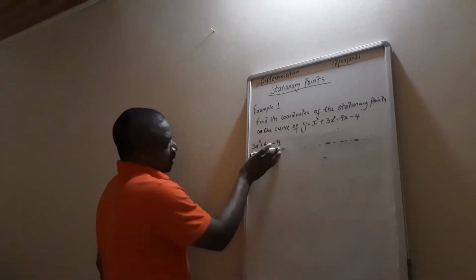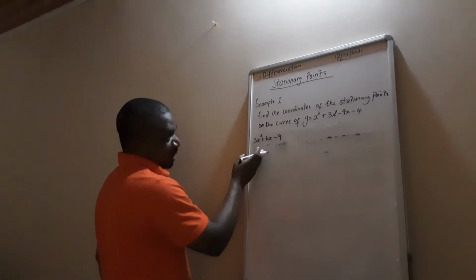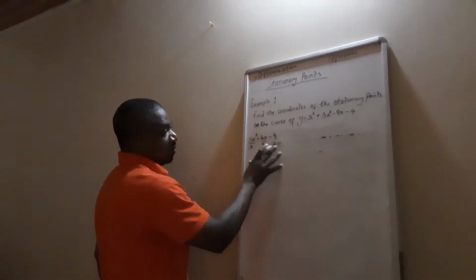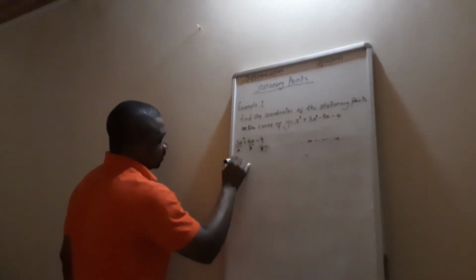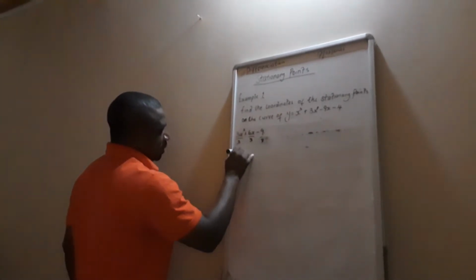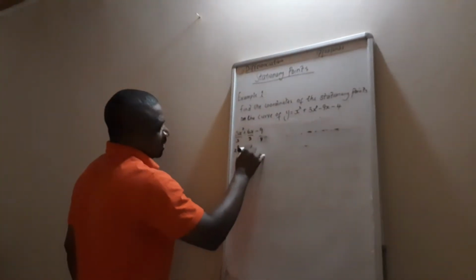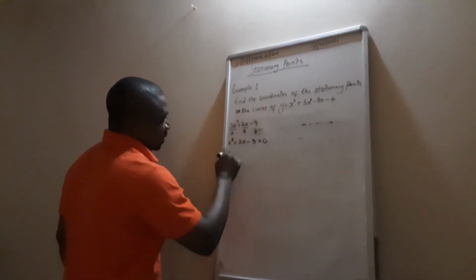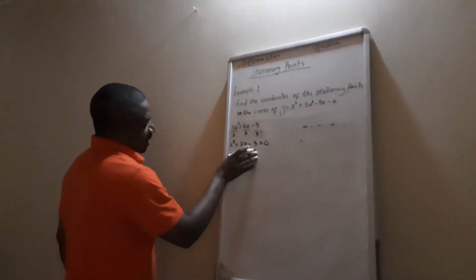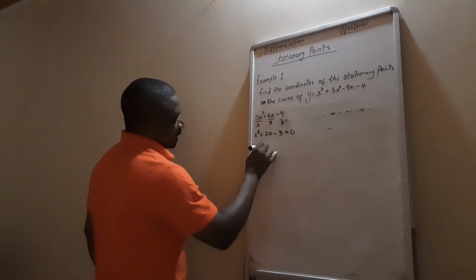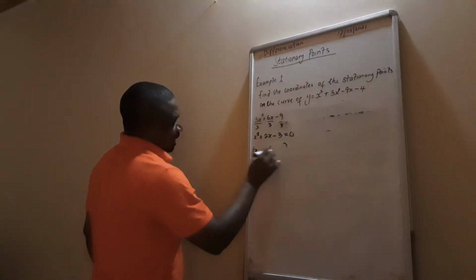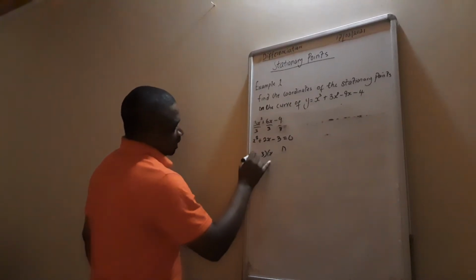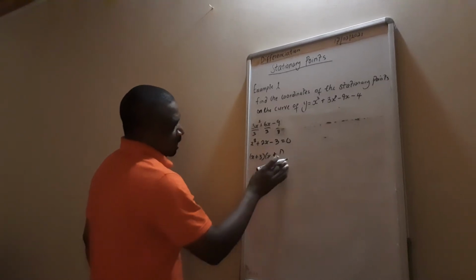Something is common here, which is 3, so we factor out 3 because we want to factorize this problem. This becomes x squared plus 2x minus 3, which is equal to 0 because we're dealing with the derivative. Now let's factorize this. We have x here, and the factors of negative 3 are positive 3 and negative 3.